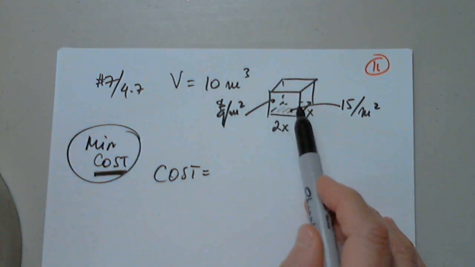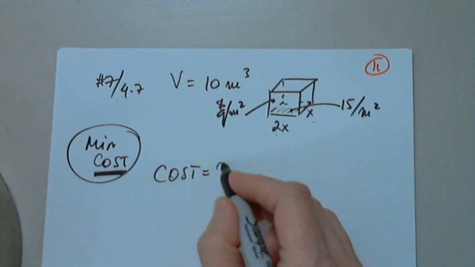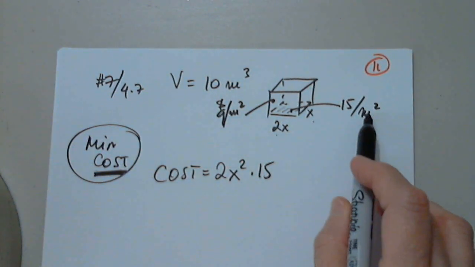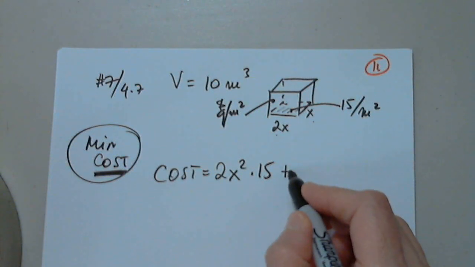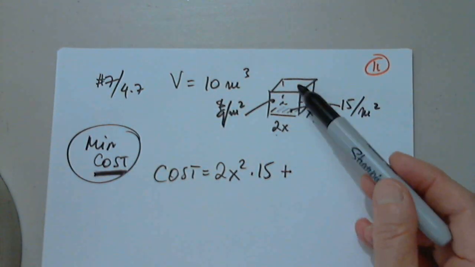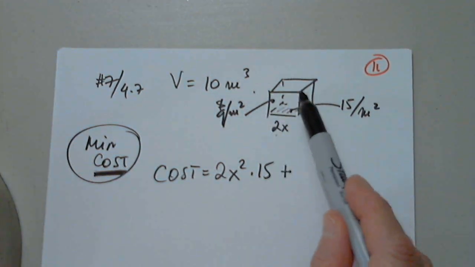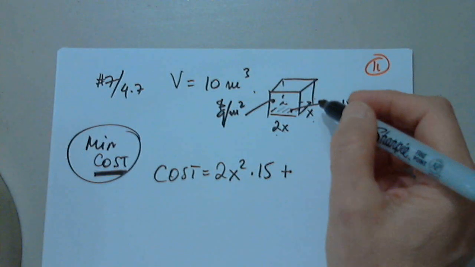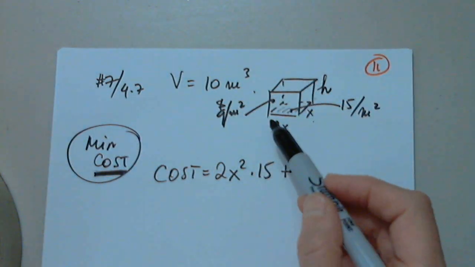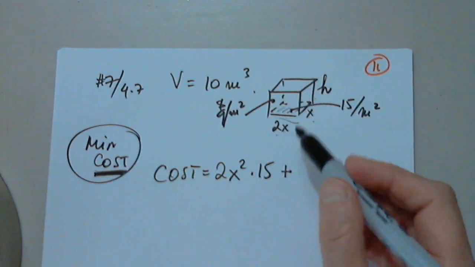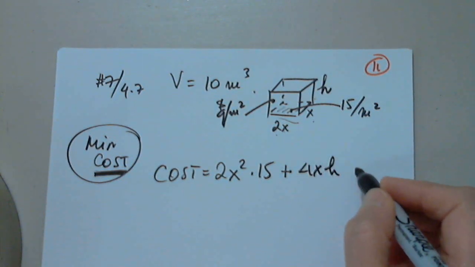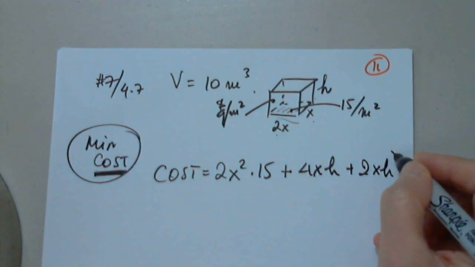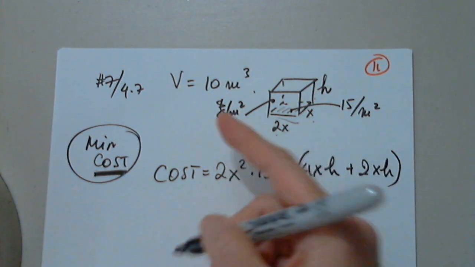The cost of the base is 2x times x, so 2x squared, multiplied by the price per square meter, plus we have 2 identical and 2 identical sides. This is h. 2x times h twice, so 4xh, plus x times h twice, 2xh, everything multiplied by 9.